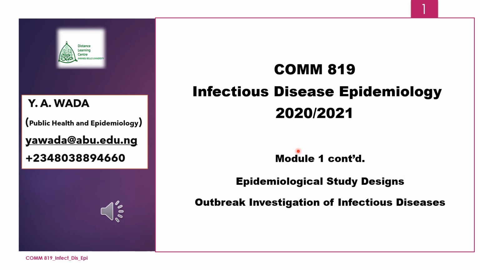Last week, we discussed the sources and method of collection of epidemiologic data for infectious disease outbreak investigation. So today, we'll be discussing how epidemiologic studies are conducted in attempting to discover if a causal association exists between an exposure or risk factor and a health condition or outcome by using different epidemiological designs.